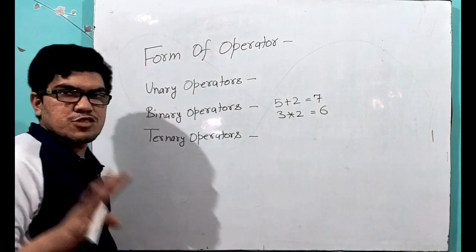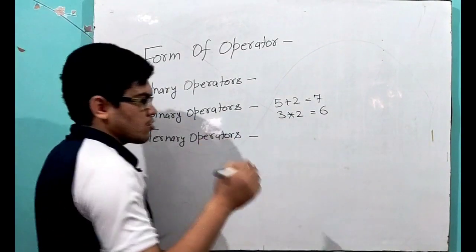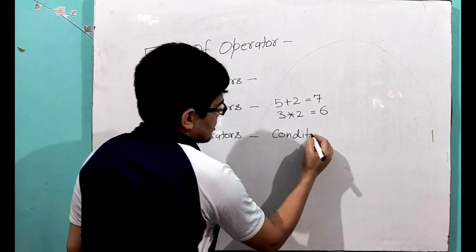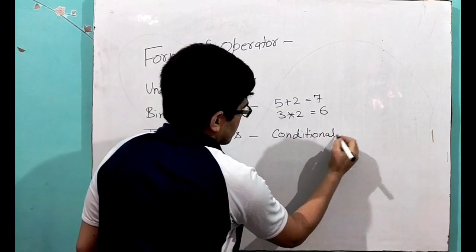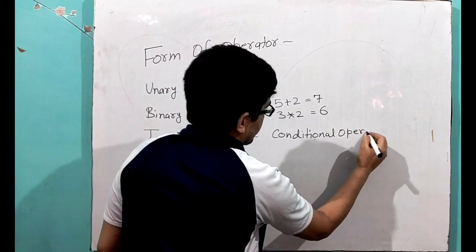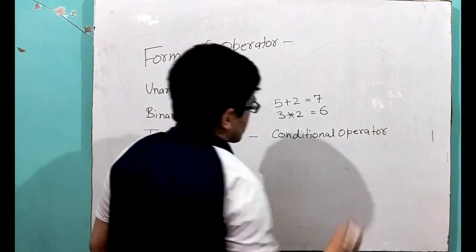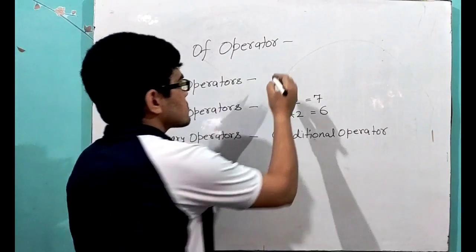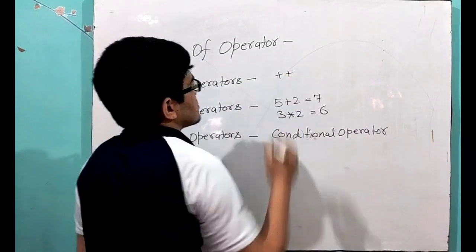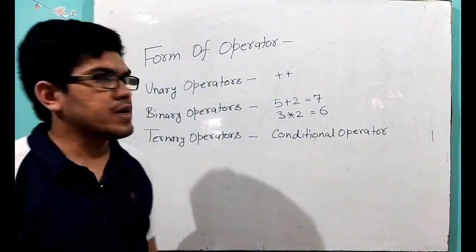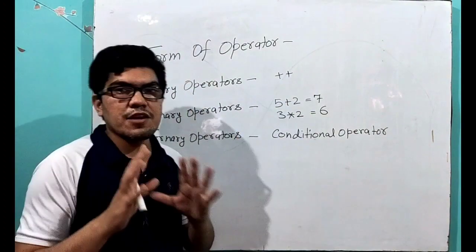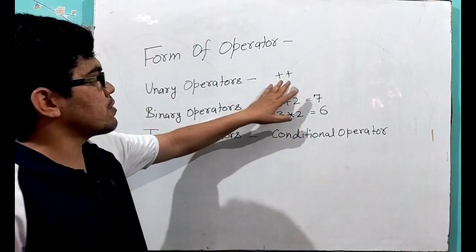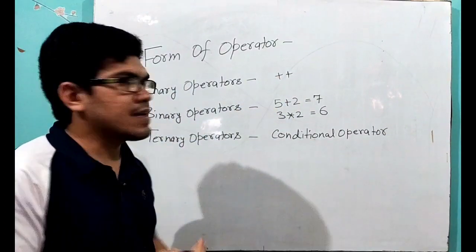So ternary is a special case. There is only one such operator. We will discuss it later, which is the conditional operator. And for unary operators, the increment and decrement operators require only one operand to perform the operation. We will discuss these operators later.